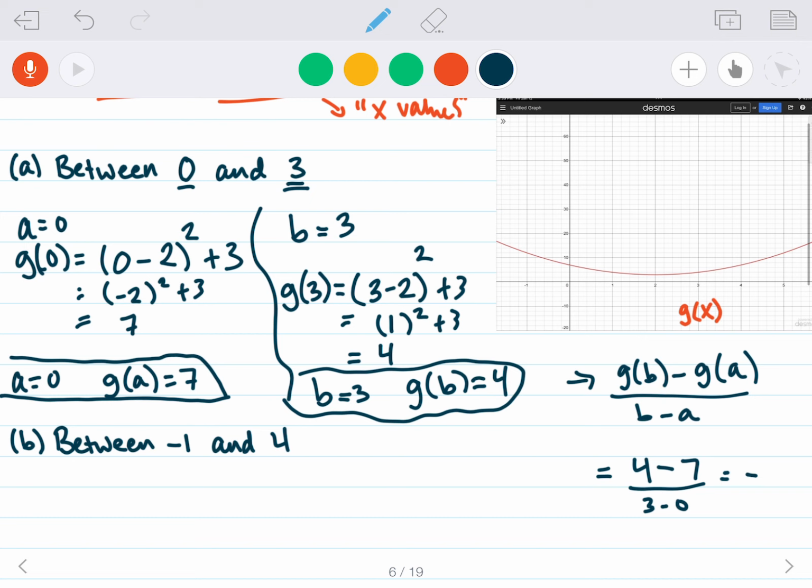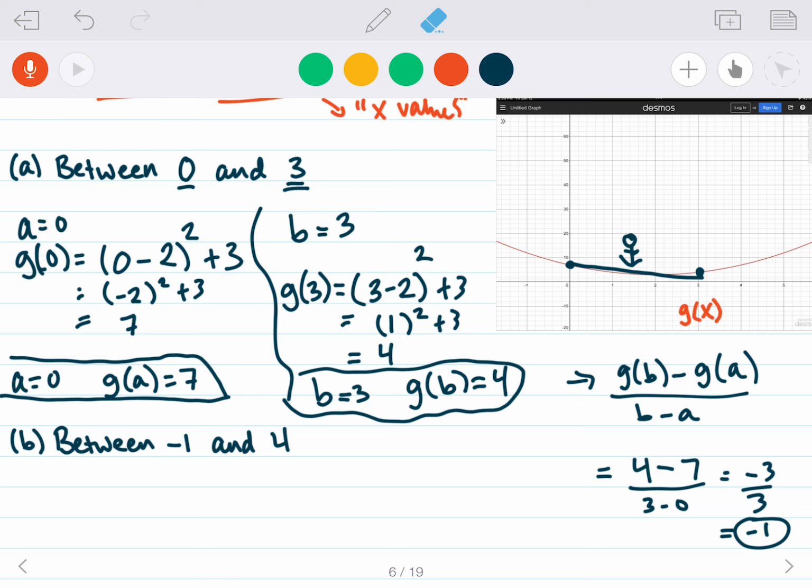That's going to give us negative 3 over 3, which is negative 1. So that is our final answer for A. The steepness of the line segment between 0 and 3 is going to be negative 1. If you imagine yourself walking, you're walking down. So that's a downward average rate of change. So our answer is negative 1 for part A.